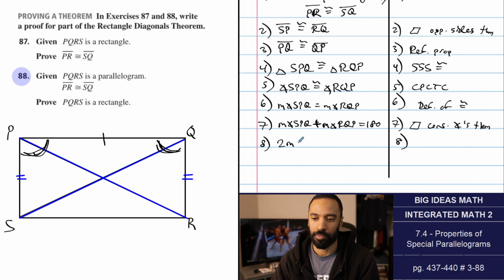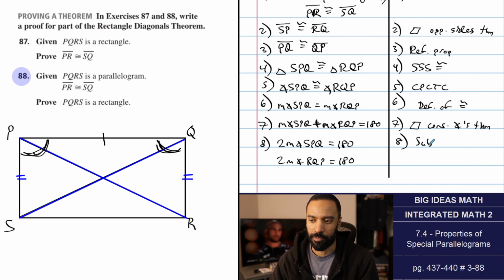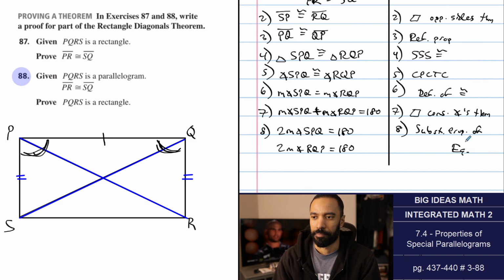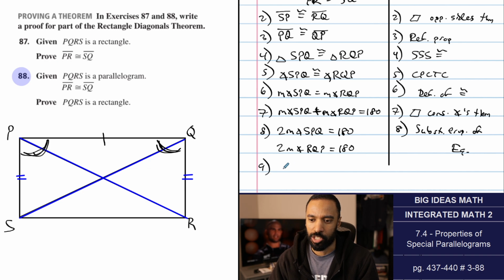So two SPQs would be 180. Two RQPs would be 180. Substitution property of equality. Okay, so from there I can divide these by 2.